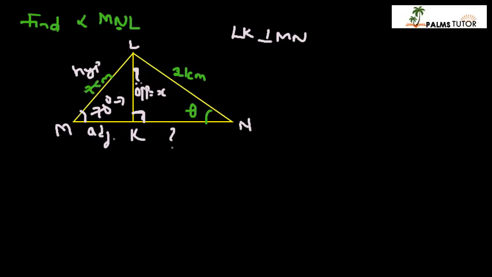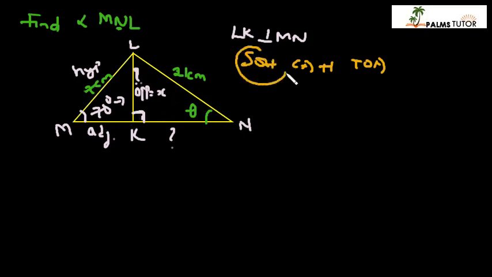Let's go to our mnemonics, soh, cah, toa, and see which one helps us to relate these two, the figures that we have already been provided. We know our hypotenuse, and we have a theta, then we're looking for the opposite.